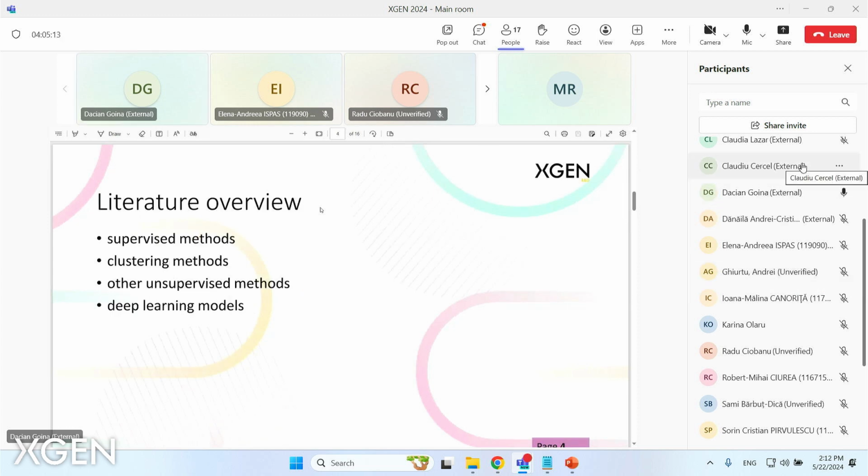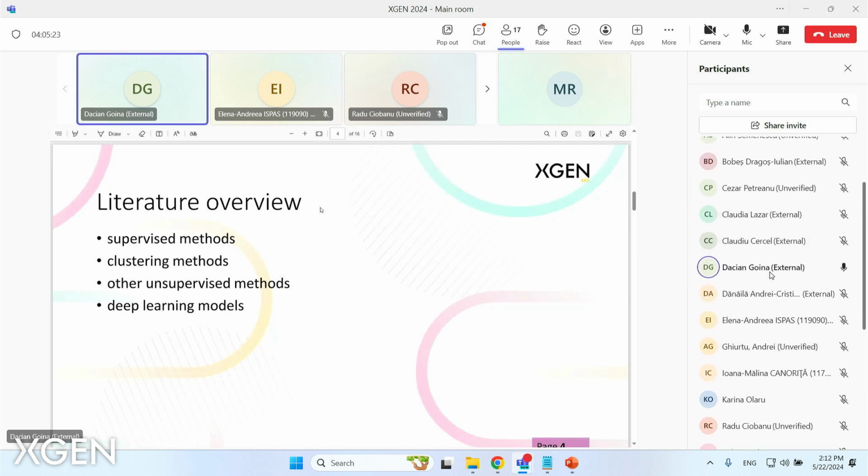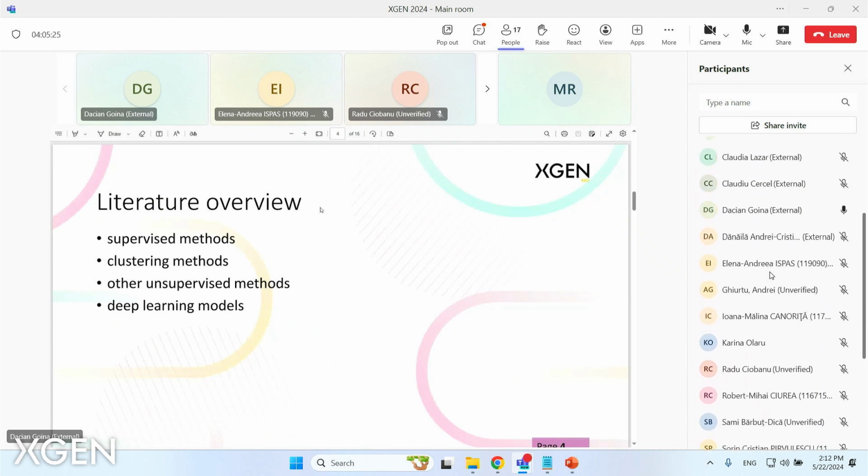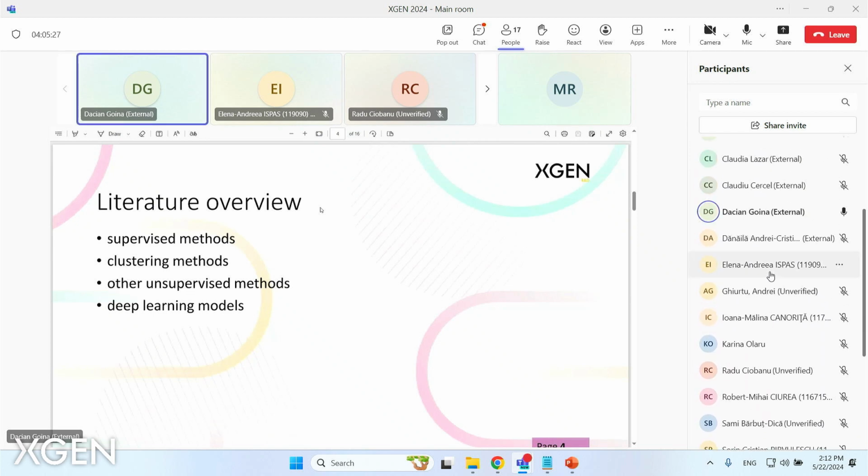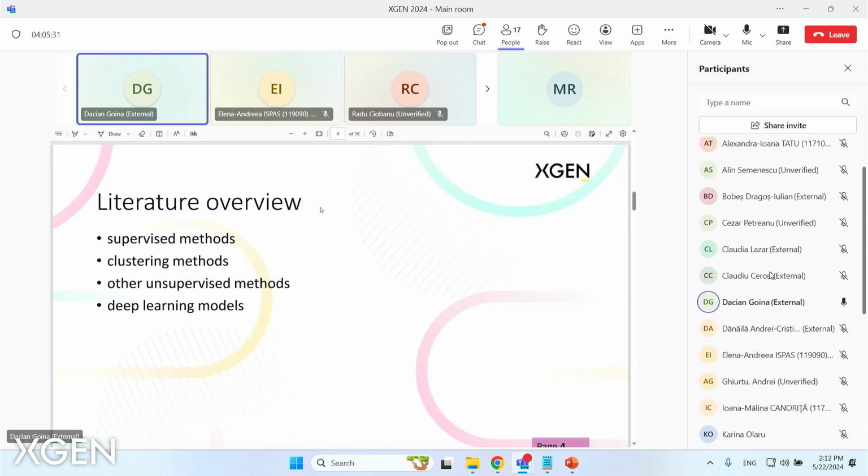Okay, now for the existing approaches, there exist some supervised classification solutions, but usually we don't have too much labeled data. So keep in mind, this is an unsupervised problem.